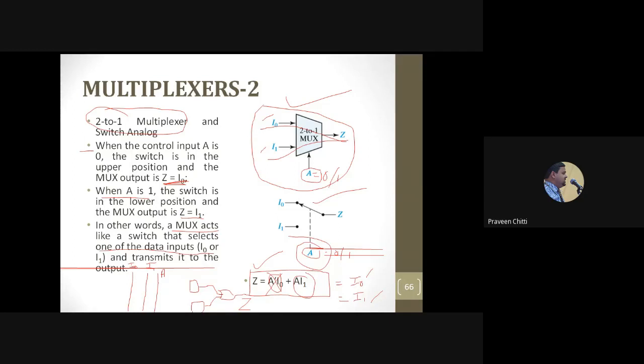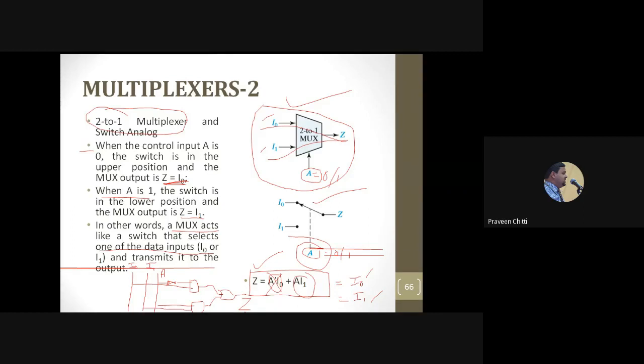A bar you need, so you give A to a NOT gate to get A bar, and feed A bar and I0, and then A and I1. I hope the diagram is clear.